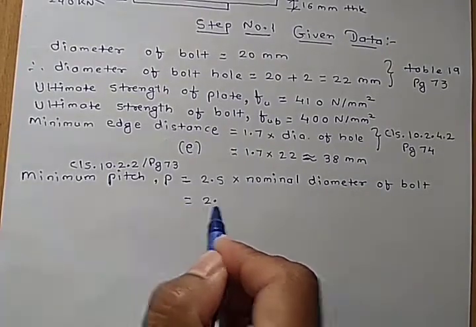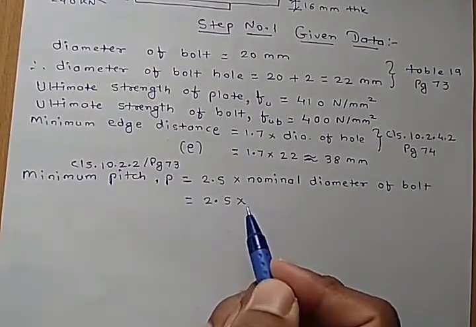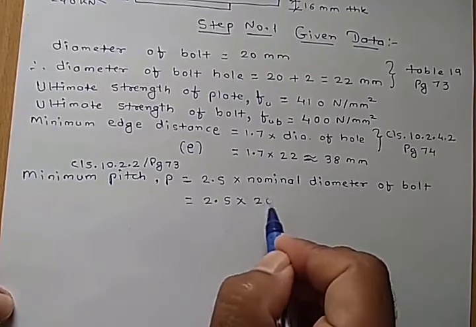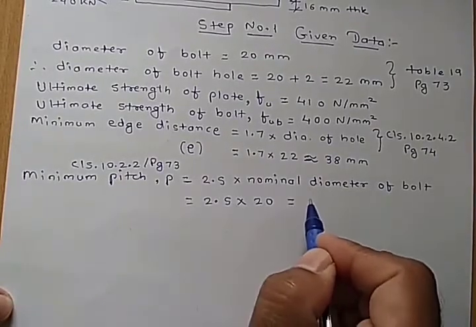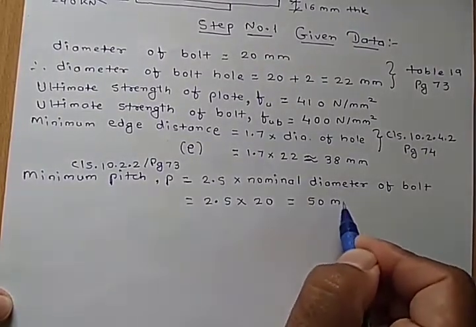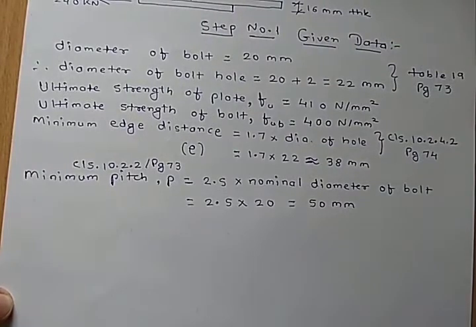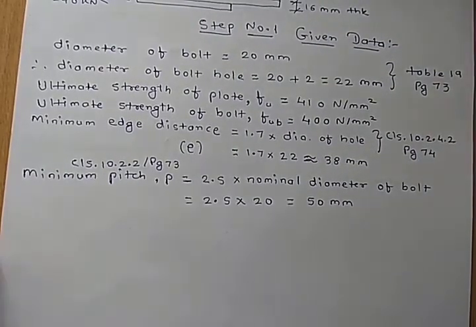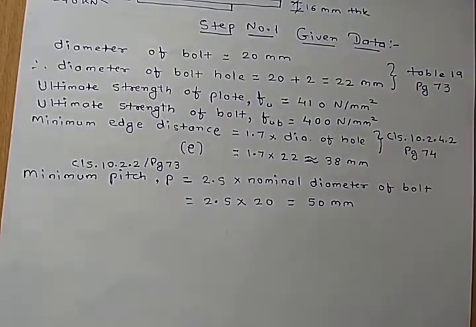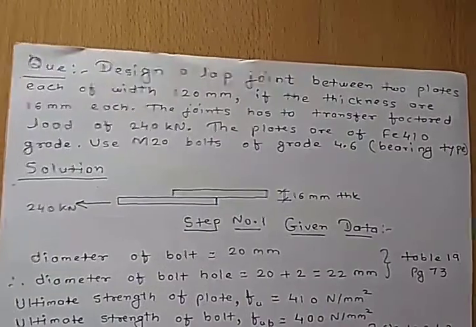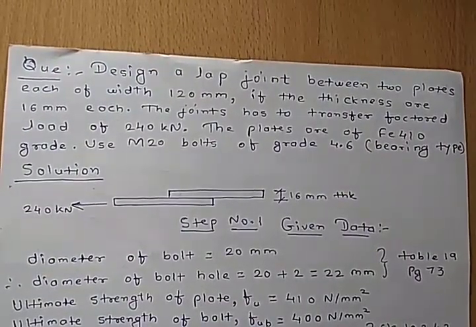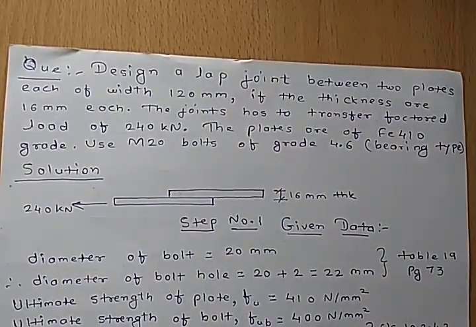We can now recap the design problem. To design a lap joint between two plates, each of width 120 mm, and the thicknesses are 16 mm each.